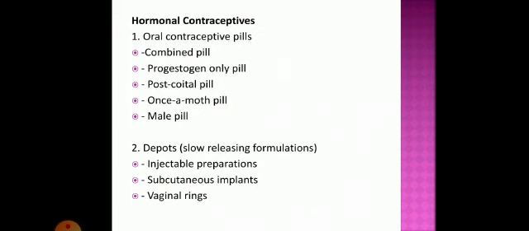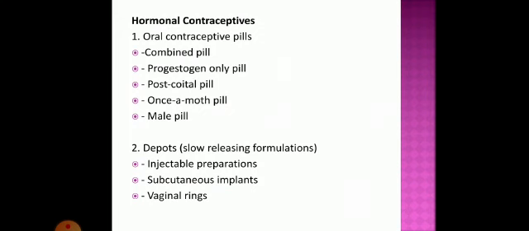Estrogen prevents the release of an egg, and progestin causes the uterine mucus to thicken and stop the sperm from reaching the egg, which again prevents fertilization. So in whatever form hormonal contraceptives are used, there is either a combination of progestin and estrogen, or progestin alone. Let's go to the slide.